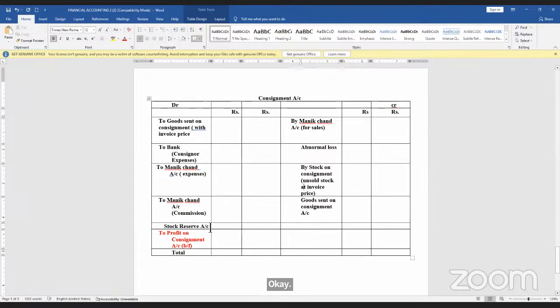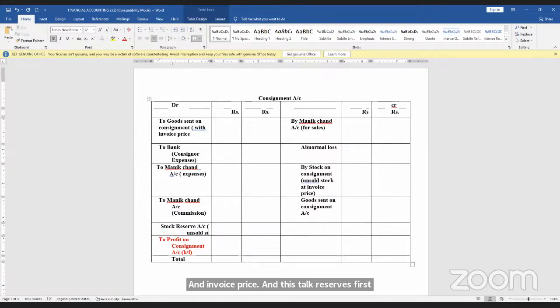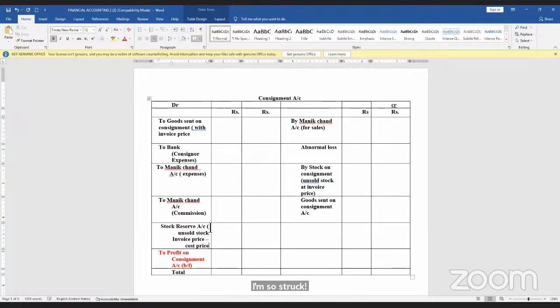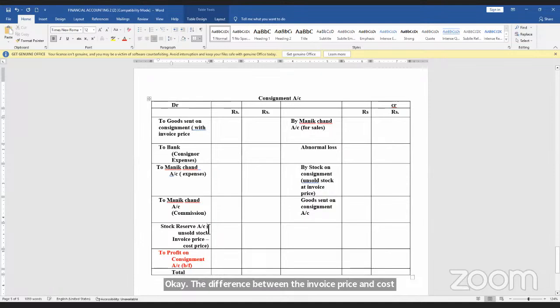And this stock reserve is for unsold stock, invoice price minus cost price. The difference between the invoice price and cost price, whatever is there, that we will take as stock reserve. I'll tell you with a simple example. Don't worry.